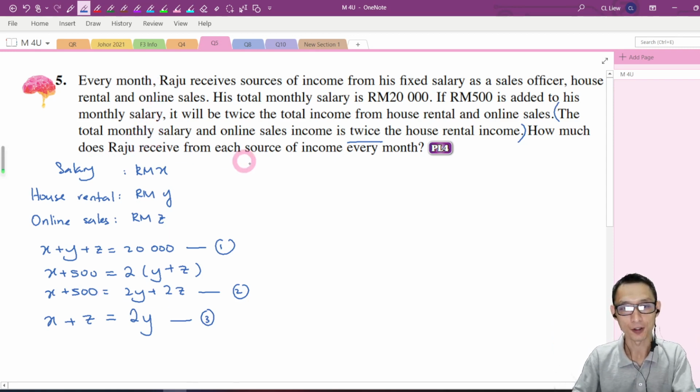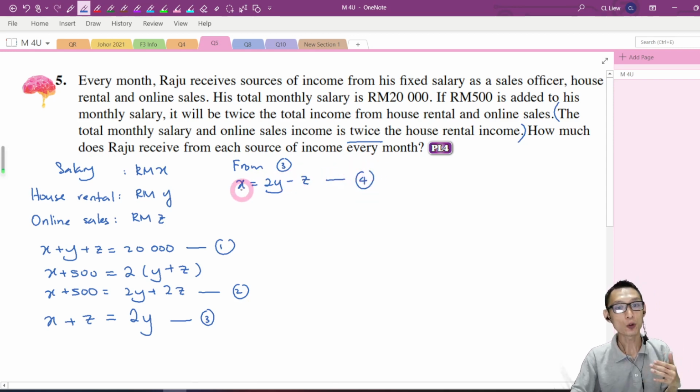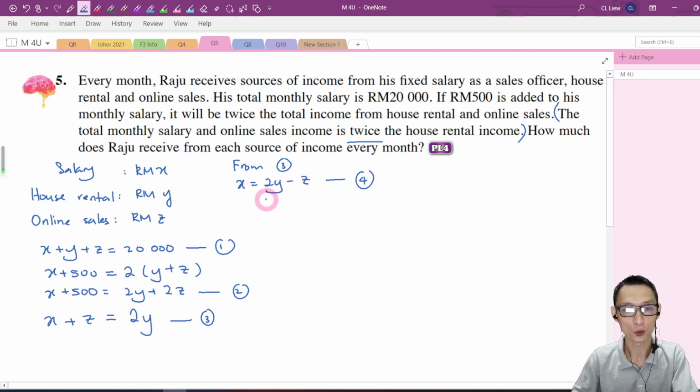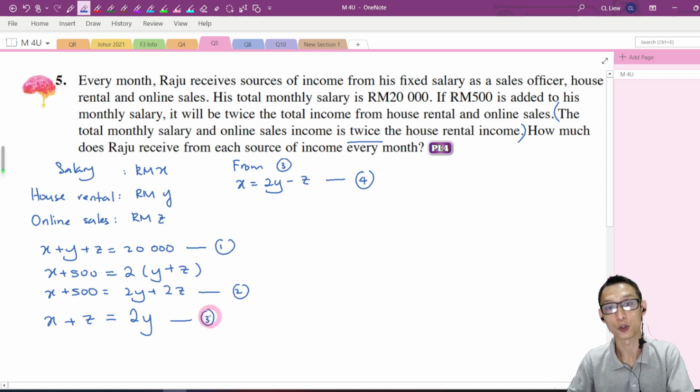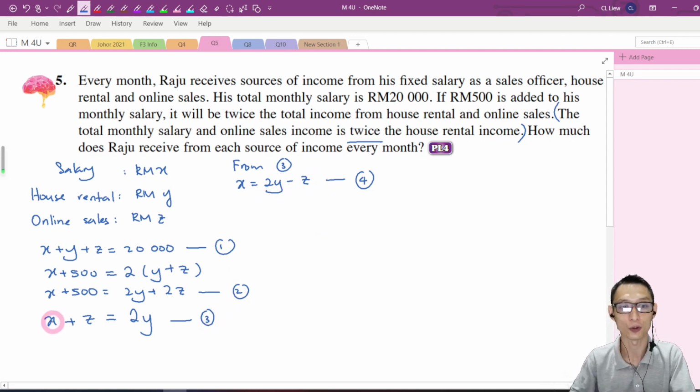From the third equation, I know that x is equal to 2y minus z. Let this one be the fourth equation. Since this equation is from the third equation, I cannot bring this one back to here. So I need to substitute the value of x equal to 2y minus z into the first equation and the second equation.